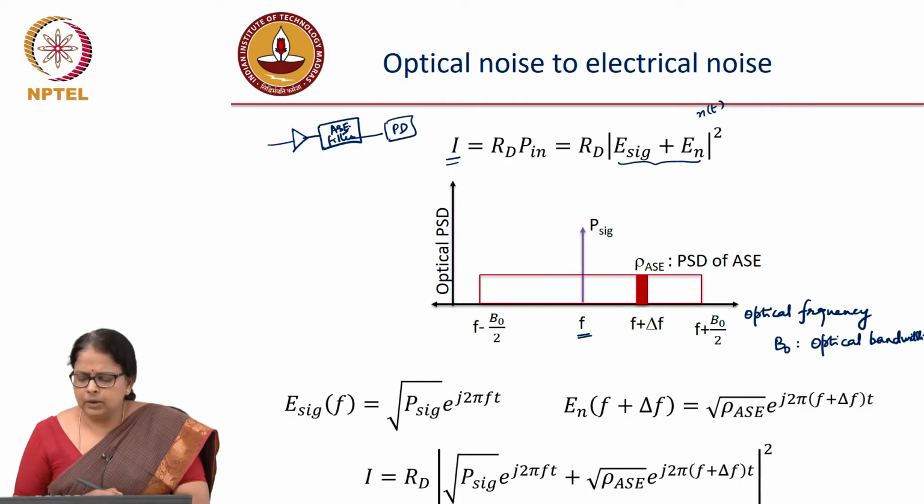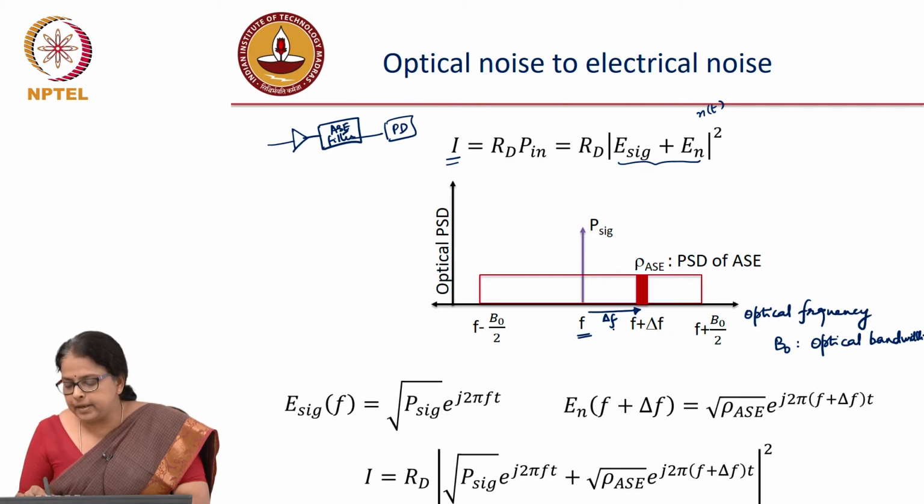Calculation of the electrical noise due to the amplified spontaneous emission. What we are going to do is take an infinitesimally small width at a separation delta f from the signal. Delta f is not the width of the band that we are considering.